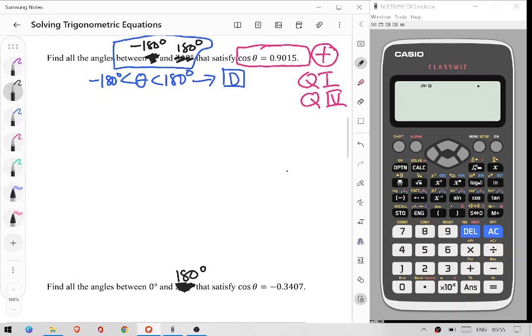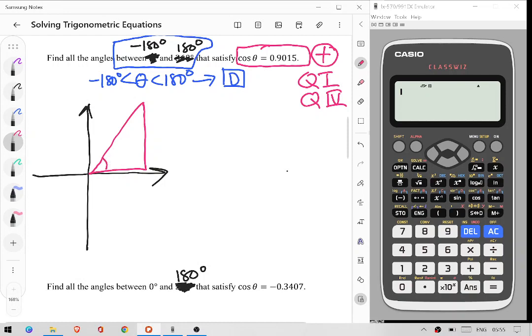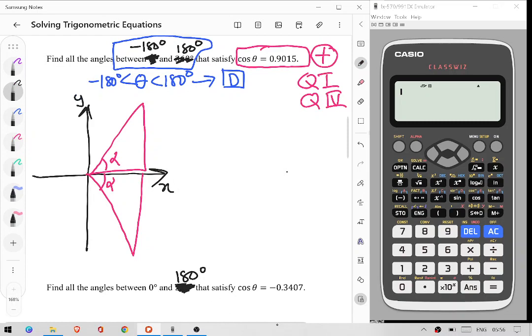Okay, better, even though it is still ugly. Now, the triangle: in the first quadrant, this is the first one, and this is the alpha, and then the second one in the fourth quadrant, and also this is the alpha. This is x, this is y.